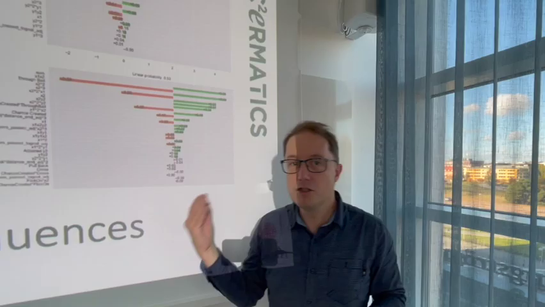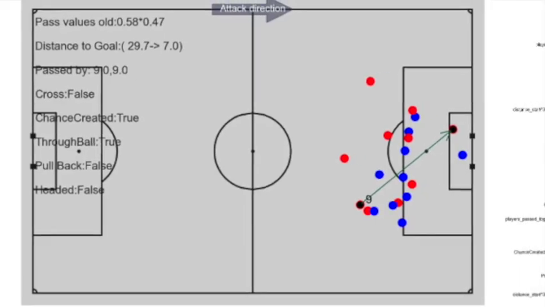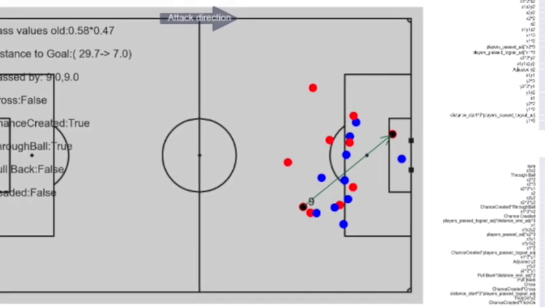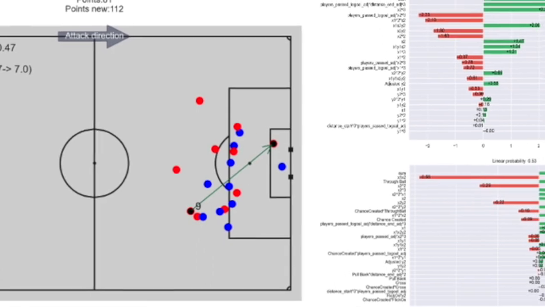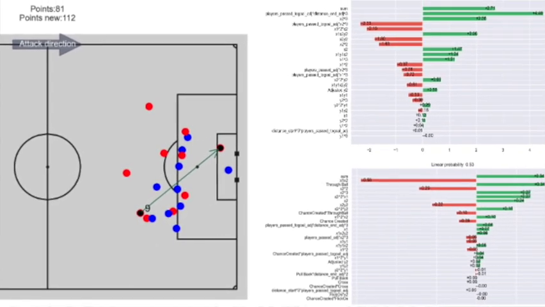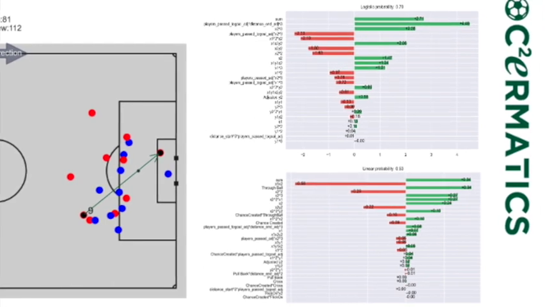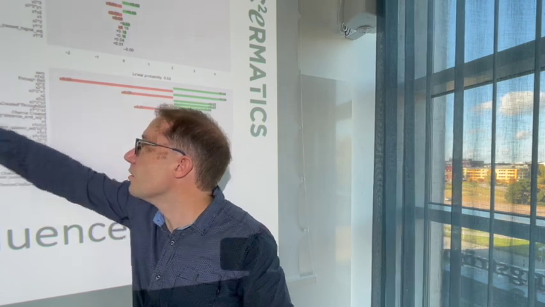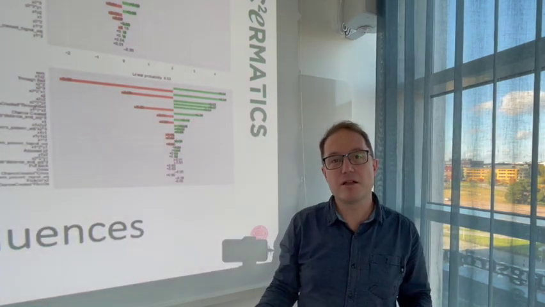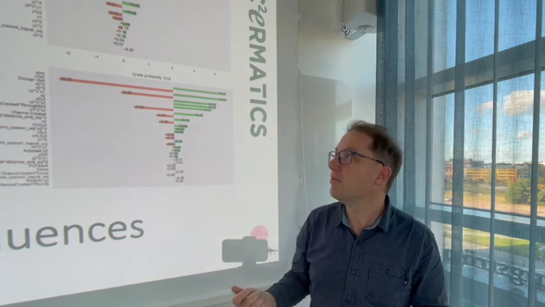And what we can do is refit our model, and that's what's shown here. We've taken a logistic regression and a linear probability, exactly as we did in lesson 4, but now we've included how many players the ball has gone by as a feature. So in this case we take features from the tracking data, how many players the ball has gone past, and we add that to our model, and that tells us the value of making that type of pass.